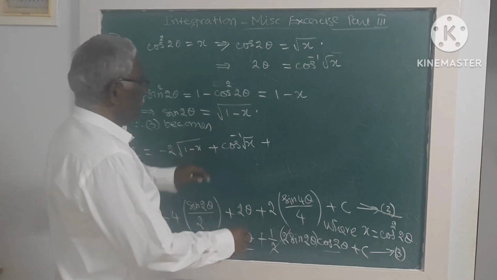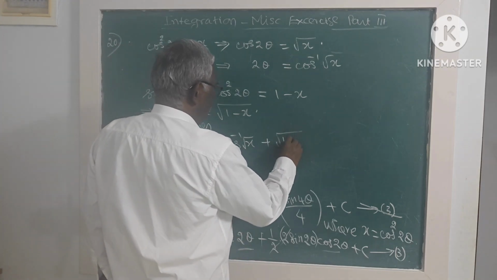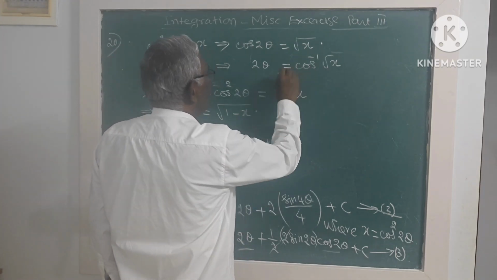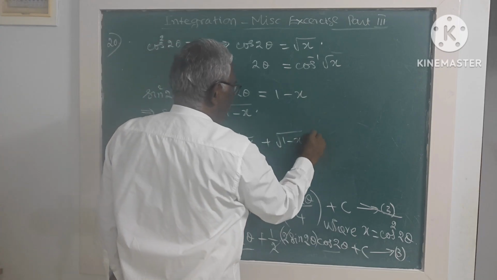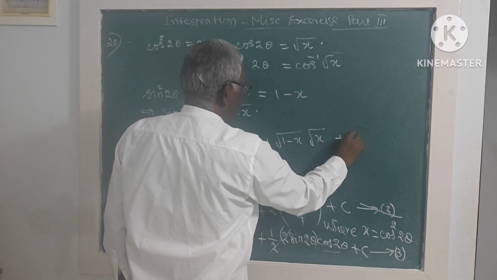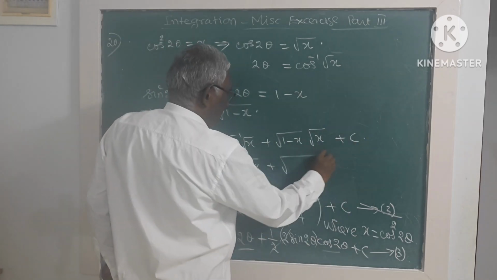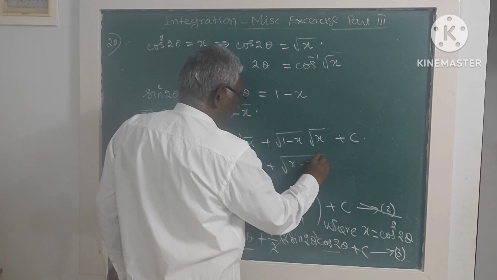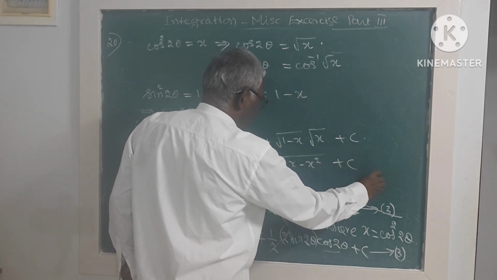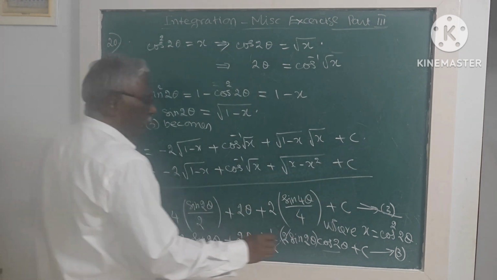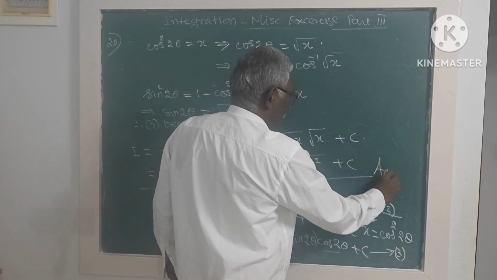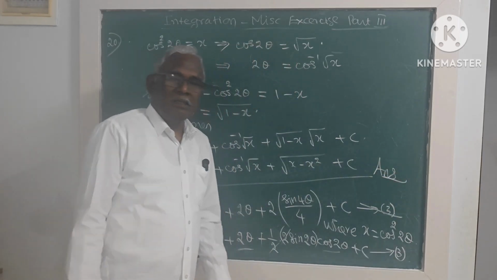Sin 2 theta is square root of 1 minus x, cos 2 theta is square root of x, plus constant. That is, square root of x minus x square, plus constant. So this is the answer.